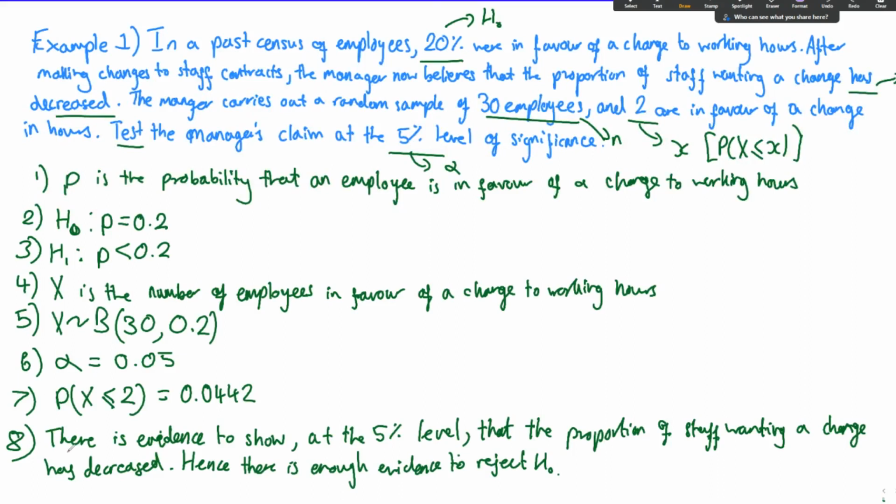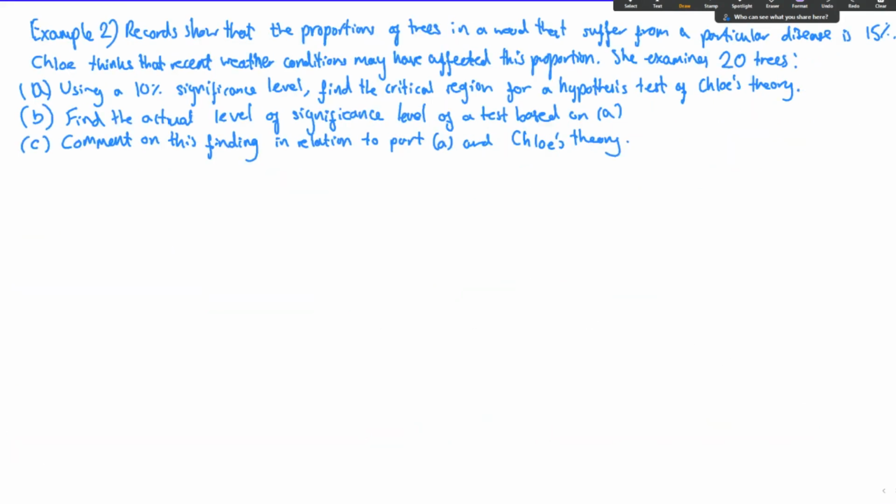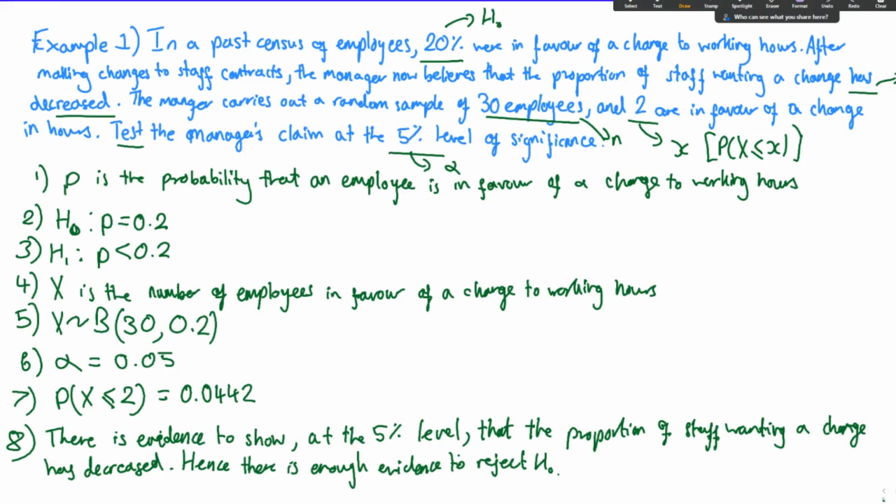Every other step is the same up to 7, and then it changes. So that's the only difference, really. Now, before we move on to this, I'm actually going to prove that, and I'm just going to show you how we do 7. So now we're trying to find the critical region.